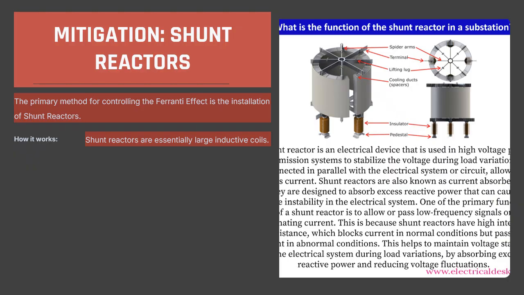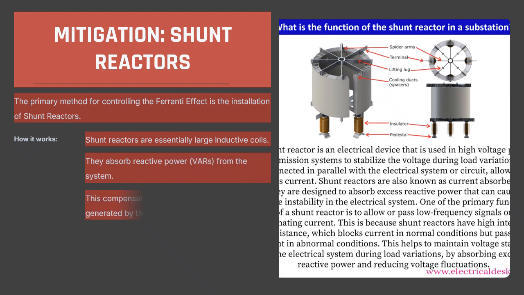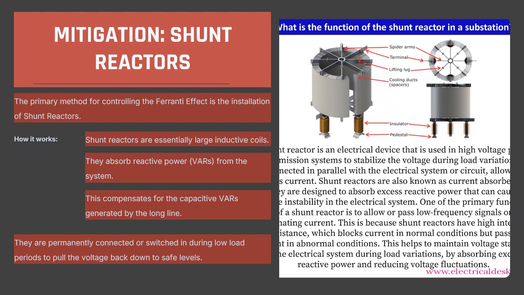They work by absorbing the excess capacitive reactive power, the same reactive power that the line itself is generating under light load. By consuming these VARs, the reactor effectively cancels out the line's capacitance, pulling the voltage profile back down to normal, safe levels. These can be permanently connected or switched in as necessary.